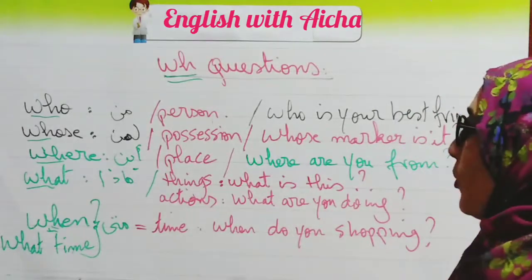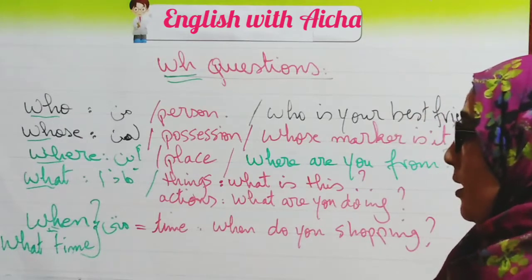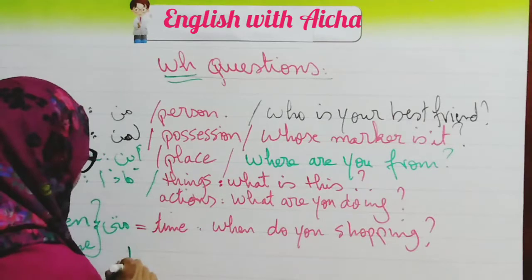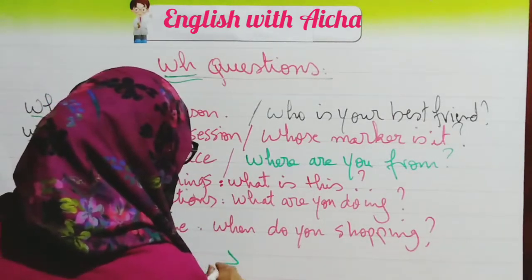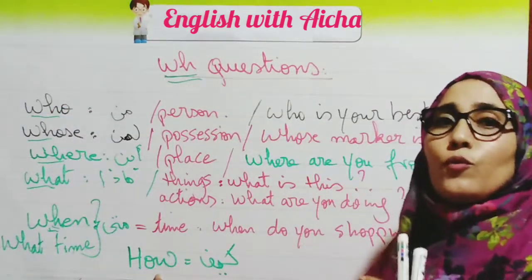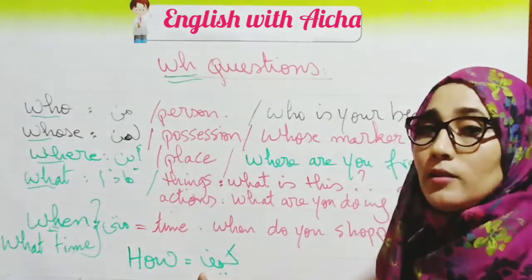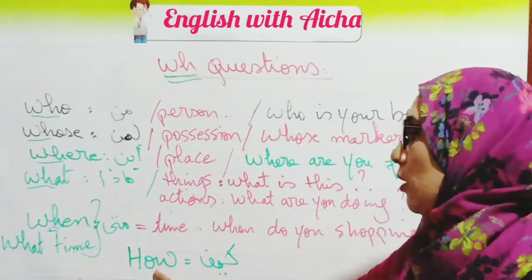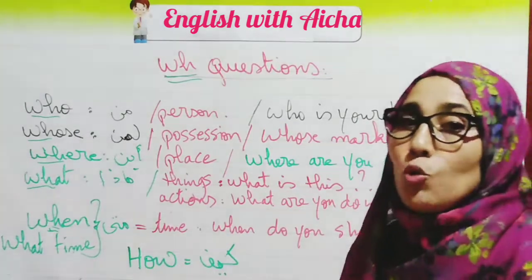Okay? So here, as you see, we have different types of WH questions. We still have another WH question, which is how. So how is used for the manner or the way. Okay? So, for example, let's say, how do you go to work?